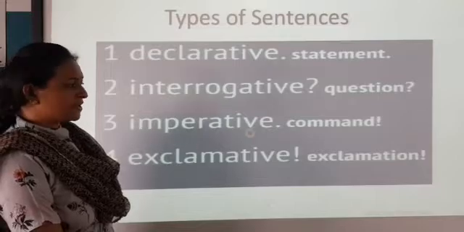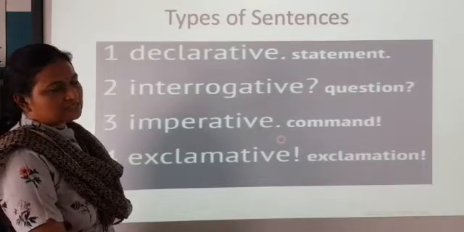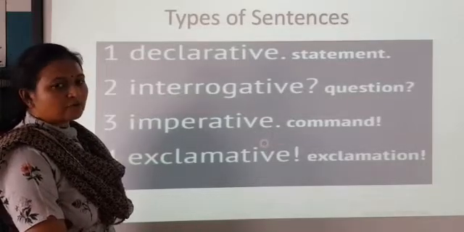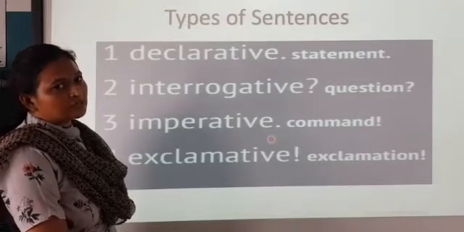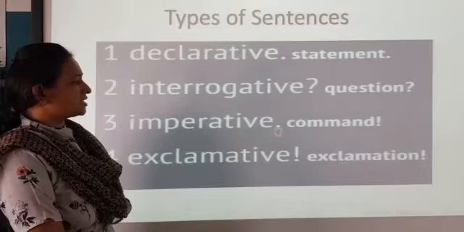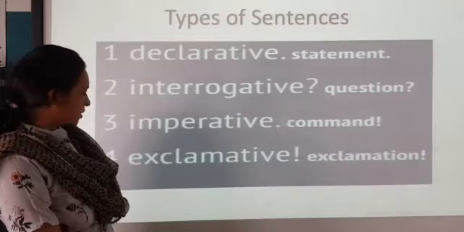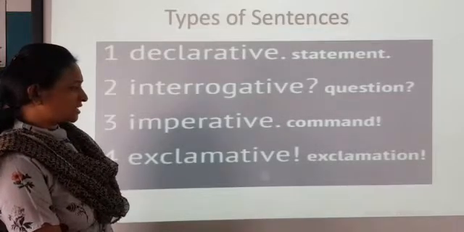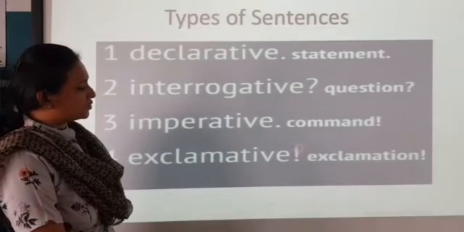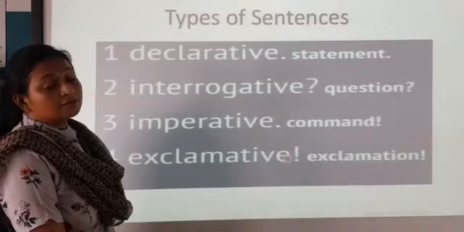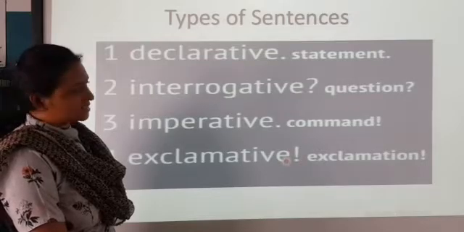Third one is imperative or command sentences. In imperative sentences we have command, request and suggestion. All three will come in imperative sentences, and it ends with a full stop. Fourth one is exclamative, also known as exclamation sentence, and as you can see there is an exclamatory mark at the end of such sentences.